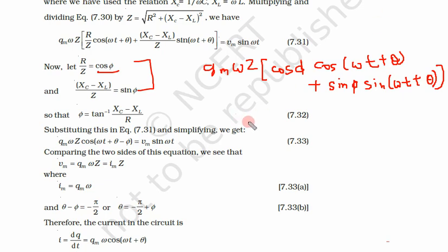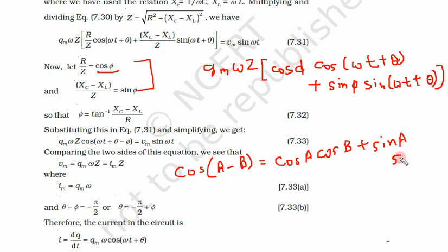Let us use one trigonometric identity. The identity is cos of a minus b, where a and b are two different angles. So cos a minus b is equal to cos a cos b plus sin a sin b. So this is our trigonometric identity. Let us compare this identity with this equation.